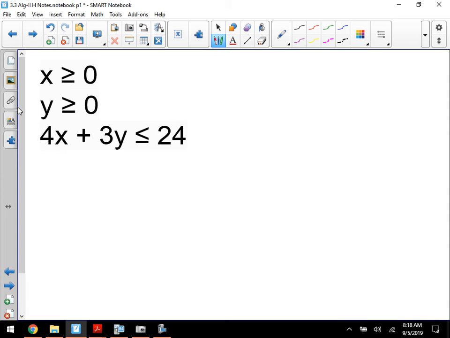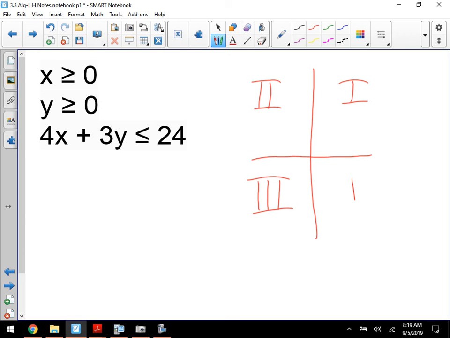Where is x greater than or equal to 0? Do you guys remember the quadrants? 1, 2, 3, 4.